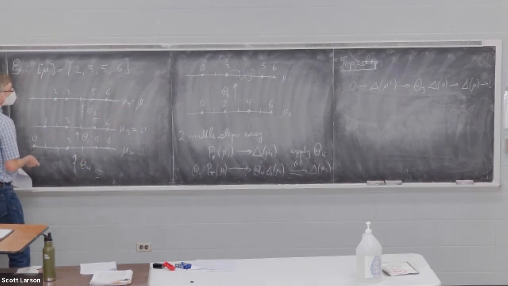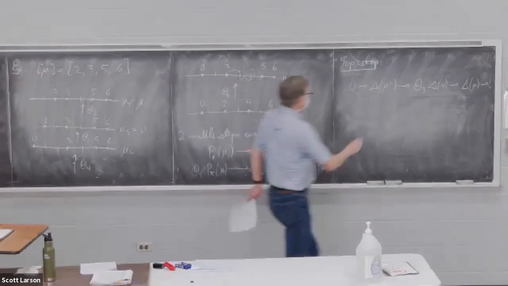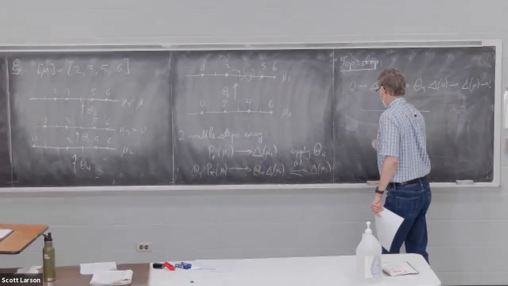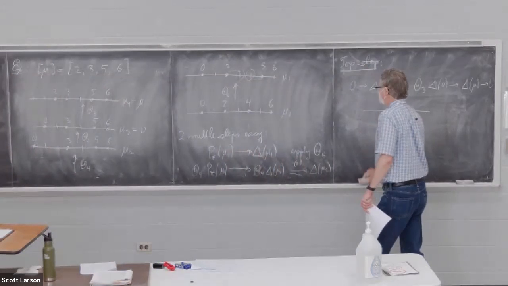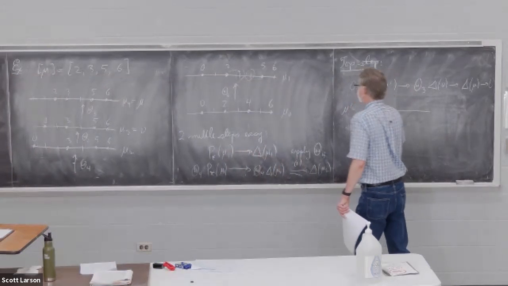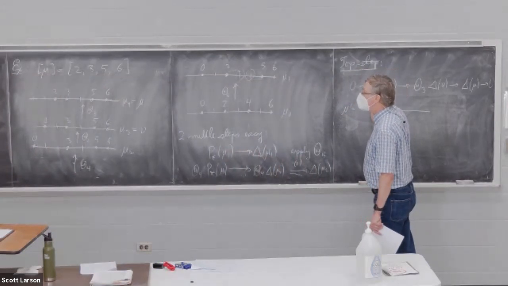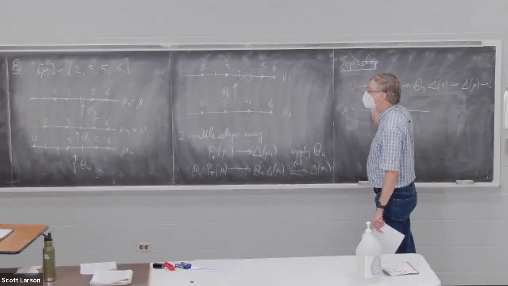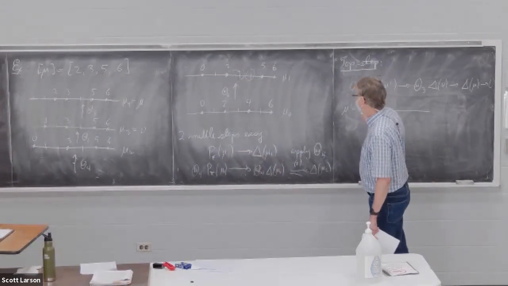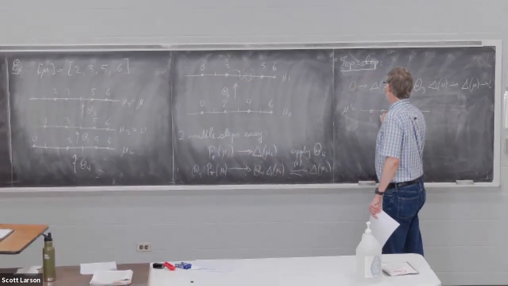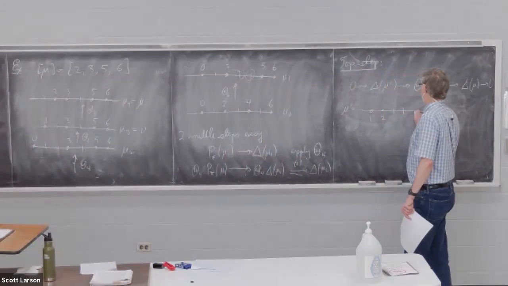And then the other guy, mu prime, is like one over. So it's 1, 2, 5, 6.